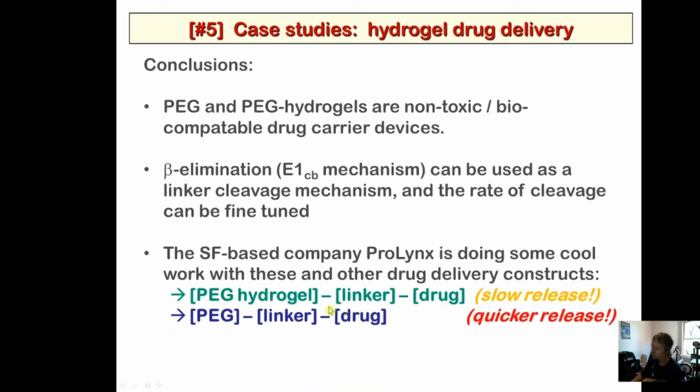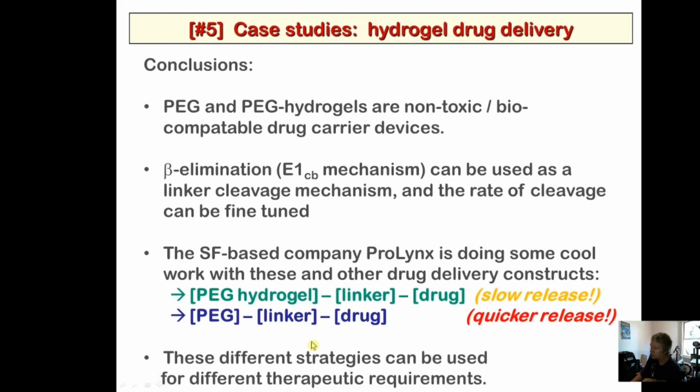PEG linker drugs is not a hydrogel, but simply just the PEG, the branched PEG. This is more of a quicker release thing. The top one could maybe be used over months or a year. The bottom one is maybe maxed out at about a week or so. But yeah, they're both useful ideas. Different strategies can be used for different therapeutic requirements.